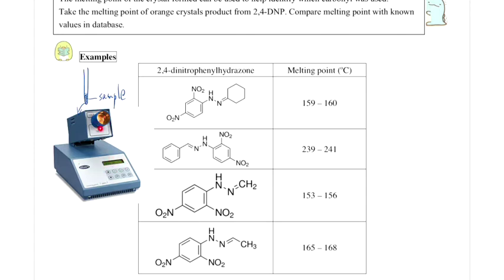Once you see the sample start to melt, you press a button here, so it will record the first temperature. When you see that all the sample has melted, you press the button again, so it will record the final temperature. That's the melting point, and you will get a range. For the range, you compare it to the number that you looked up in the data bank.